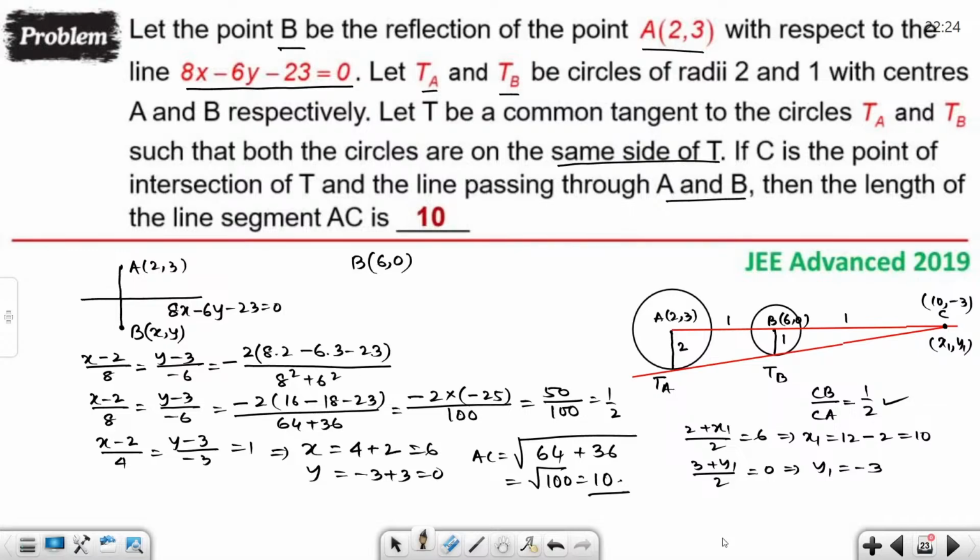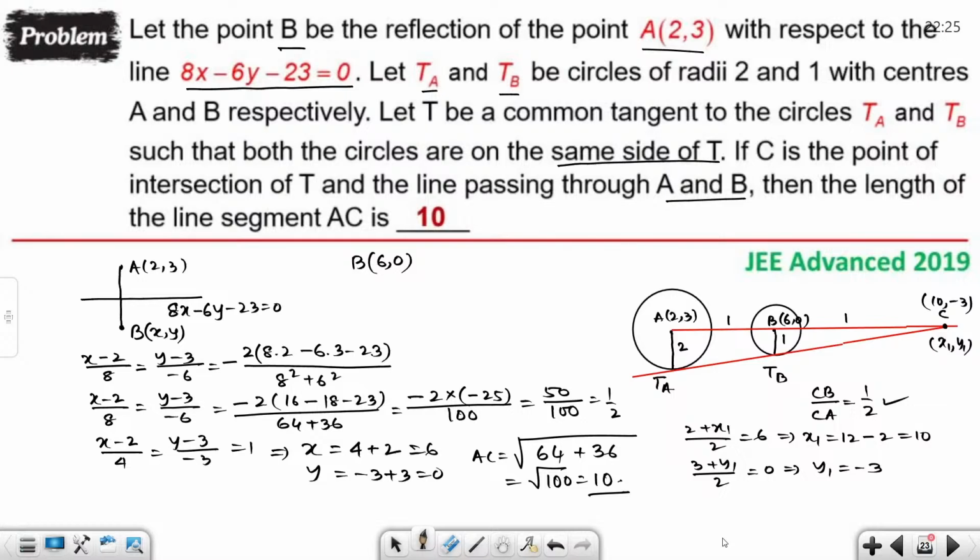It is based on the basic property of common tangents intersecting the line joining the two centers, right? Point P, in this case your point C, is going to divide the line joining AB in the ratio 1:2 externally. Simply by applying this concept, you can get this answer, right?